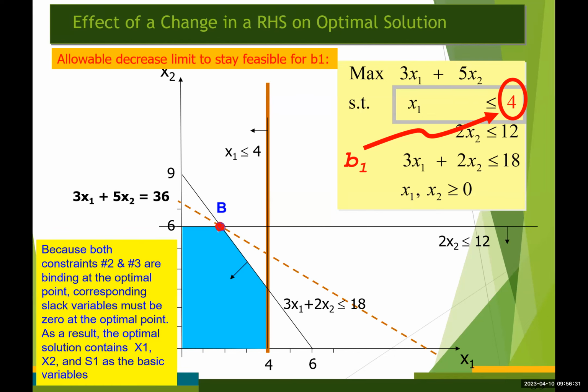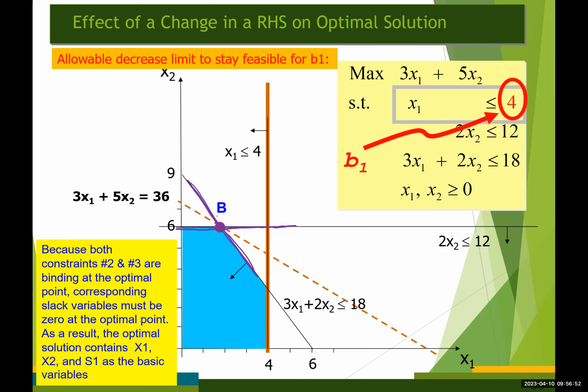At this current optimal point, the plant number 2 constraint and the plant number 3 constraint intersect. These two constraints are binding at the current optimal point.